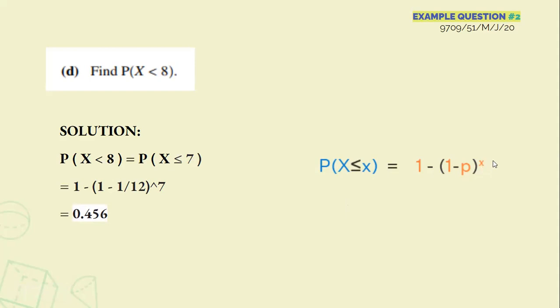Don't forget that our n is 7, since we're going to use the less than or equal to formula, and our n is not 8 because this one is a strict less than. So please don't forget and mix that up. And from there, we can get 0.456 after we put this into our calculator, and once again correct it to 3 significant figures.